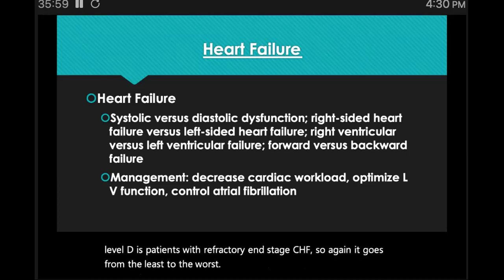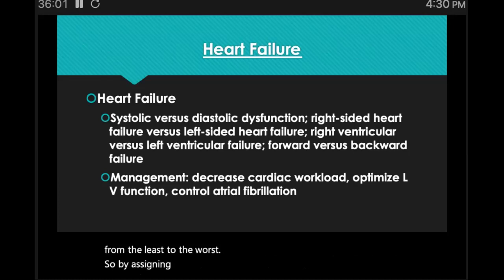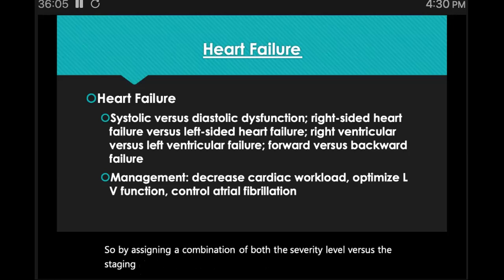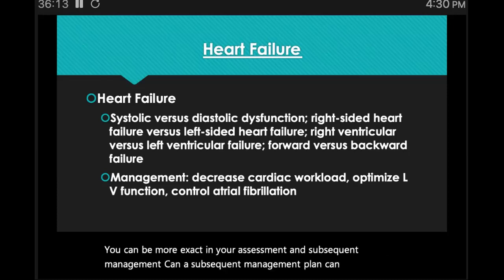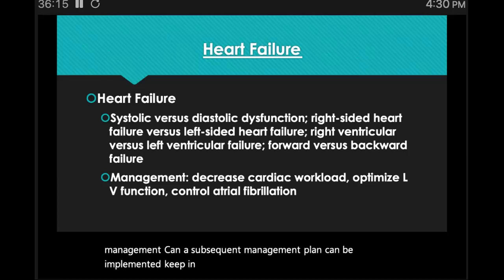By assigning a combination of both, the severity level and the staging level, you can be more exact in your assessment, and a subsequent management plan can be implemented. Keep in mind, with these types of patients, obviously they're going to have a cardiologist involved. You're going to have already made that referral.